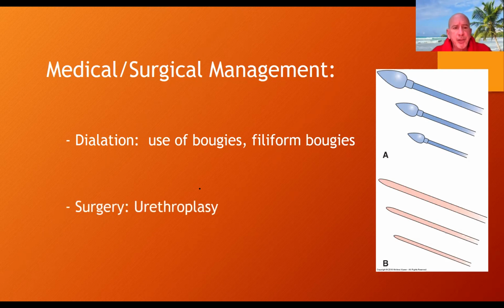And urethroplasty, that's where they go in surgically and dilate, and they may even have to cut out tissue to enlarge it. We'll get a good example of that when we talk about BPH, because the prostate actually surrounds your urethra.